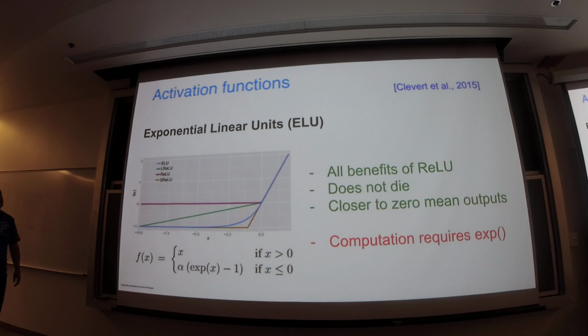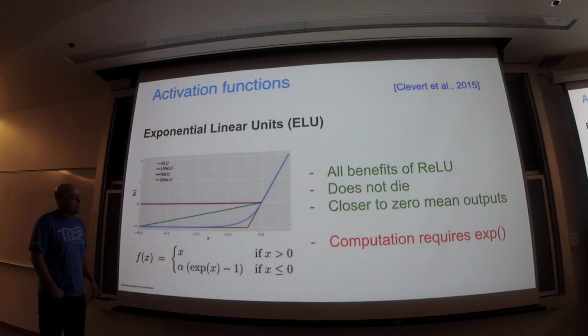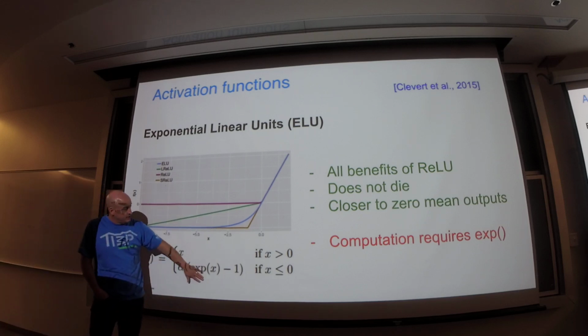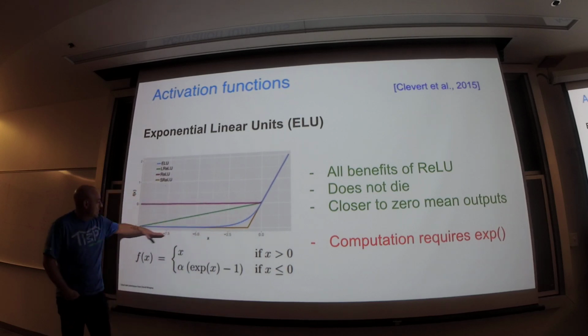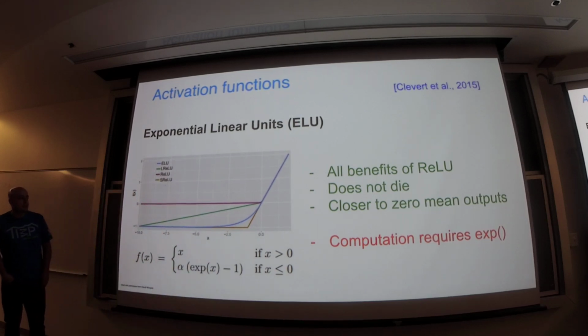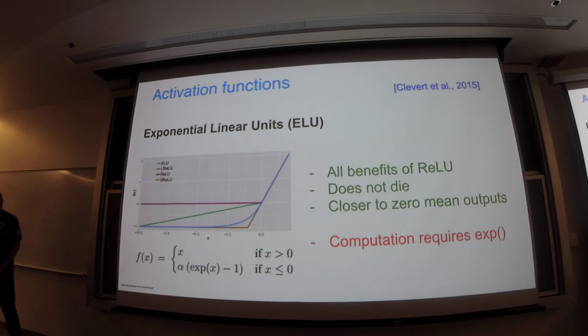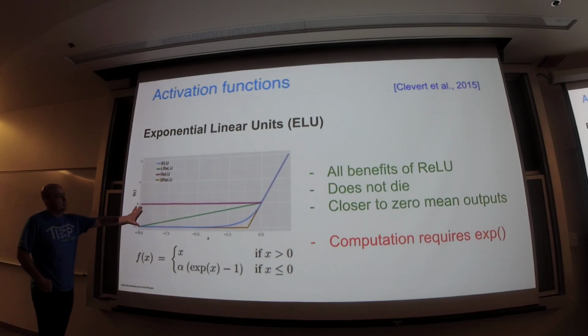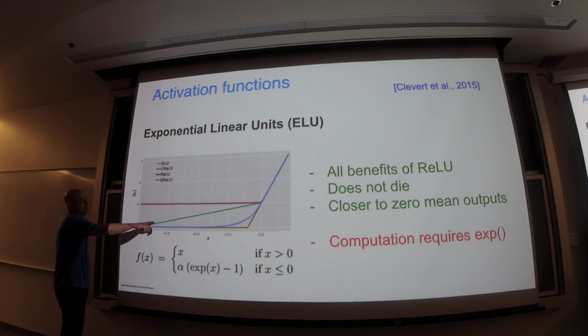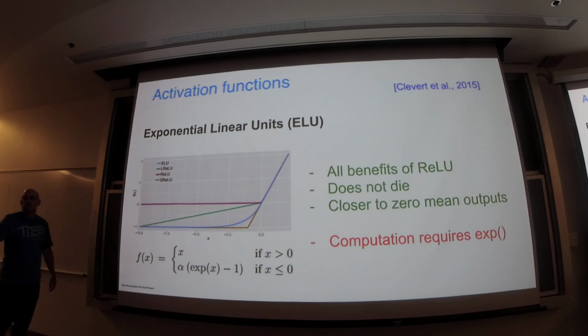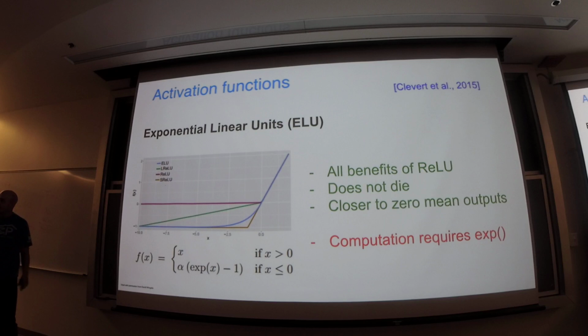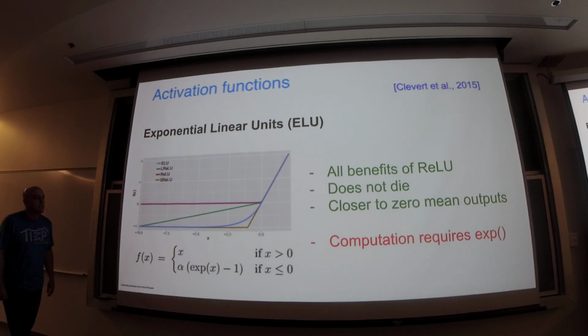Okay. And then finally, you have these exponential linear units. Really very similar. It's just that you have this exponentially dying behavior, asymptoting to -1. This is different from the Leaky ReLU, because the Leaky ReLU is going to go out to -infinity as x goes to -infinity.